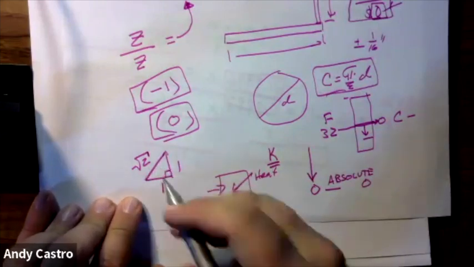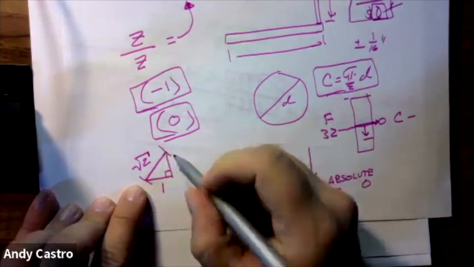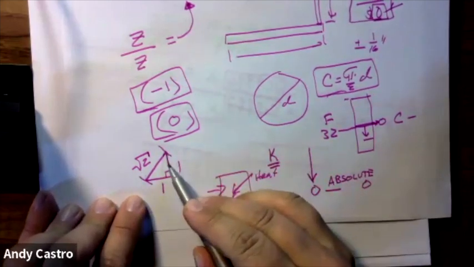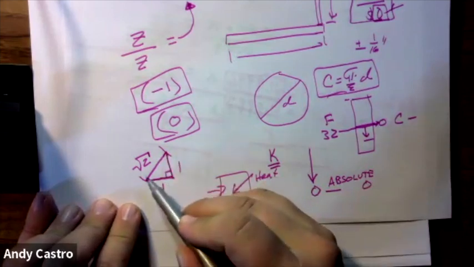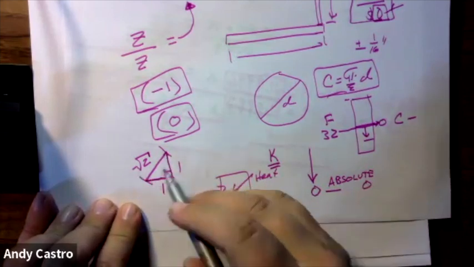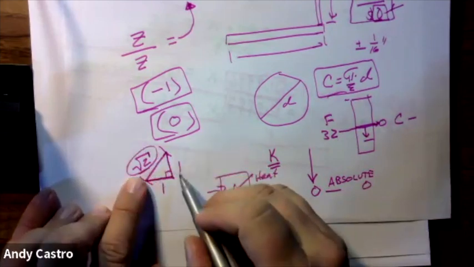That is an irrational number. So if you have 1 foot by 1 foot at a right angle, the distance between the top of this and the top of this is exactly the square root of 2 feet.